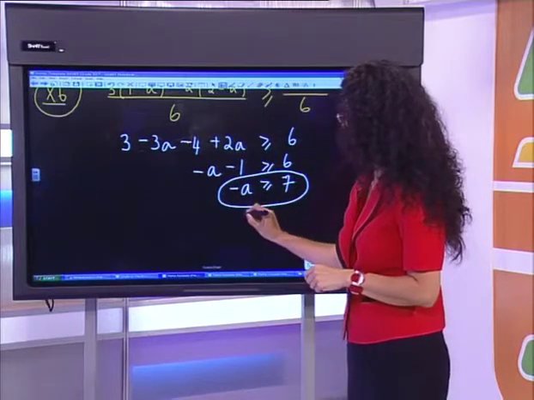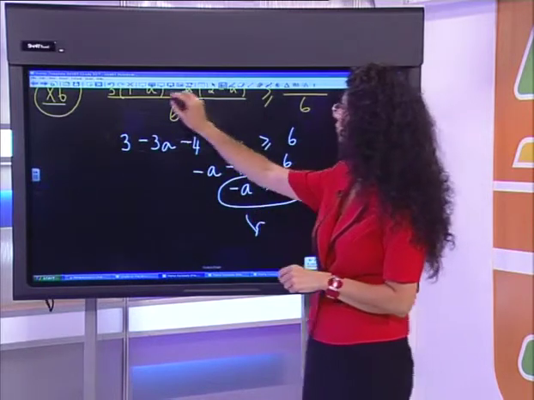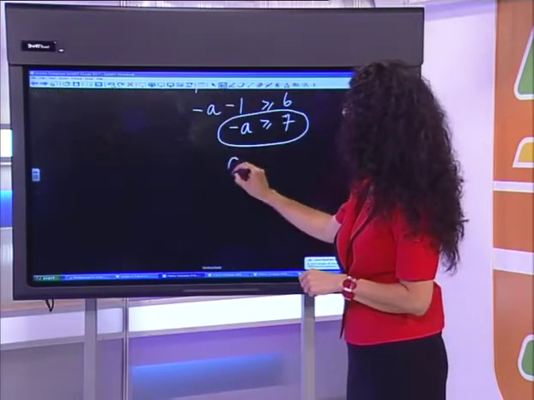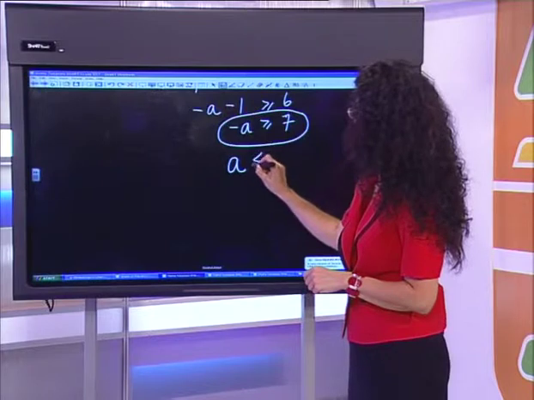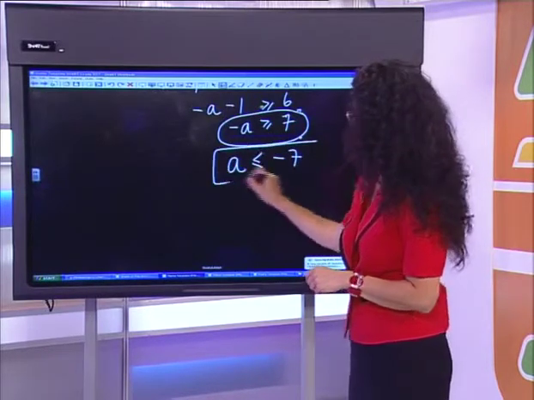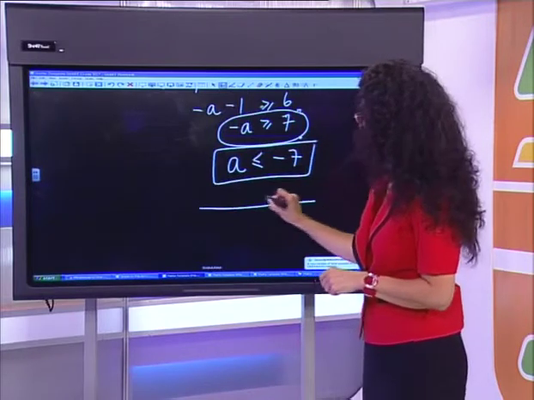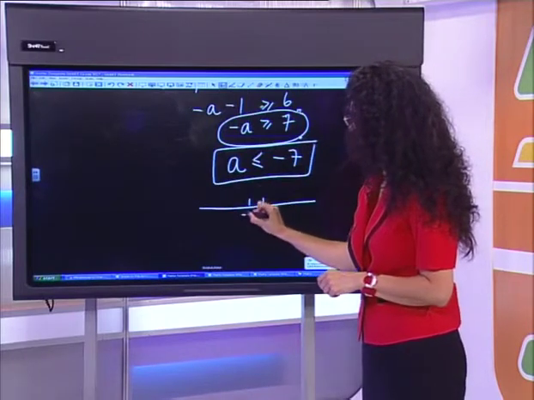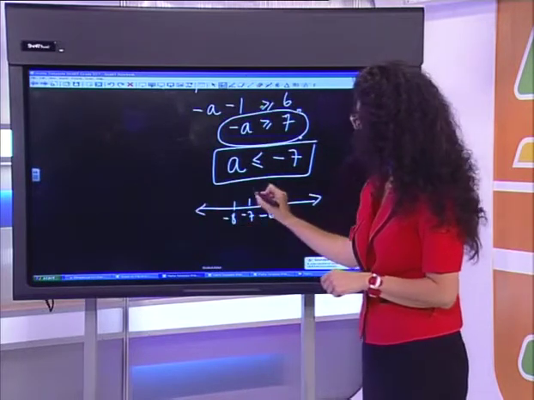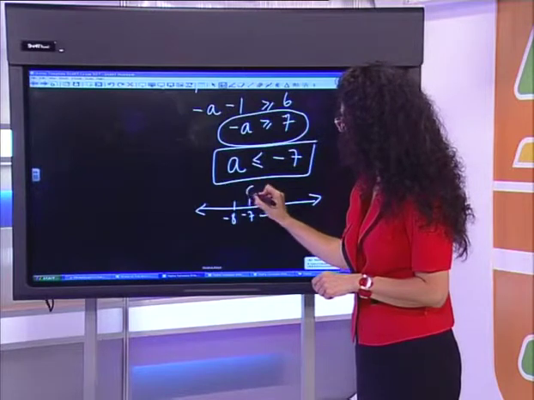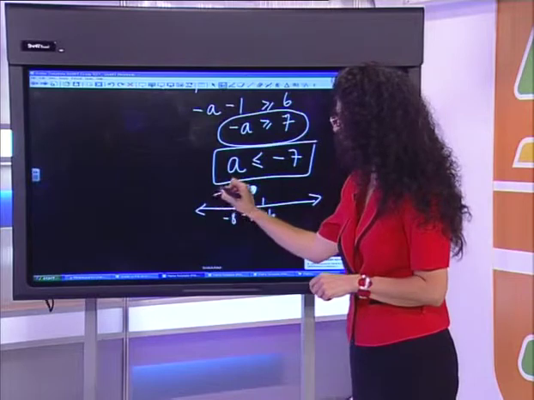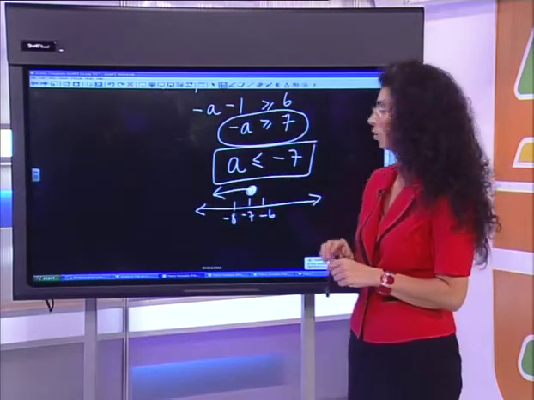So A must be smaller than or equal to, the inequality changes direction, -7. What does that look like on a number line? It would have a -6, -7, -8, so those are my x values. At -7, I'm going to have a closed circle, and then it's going to be red to the left to show that it's got to be smaller than -7.